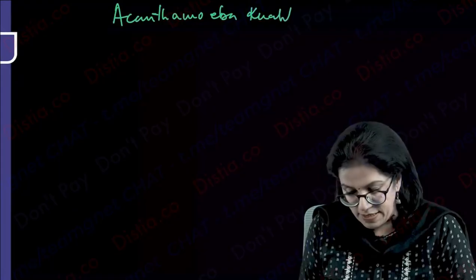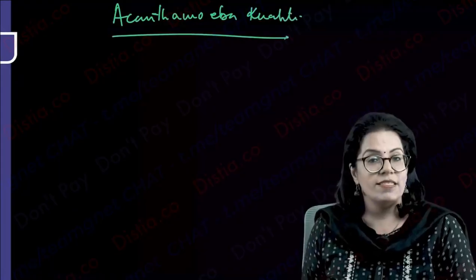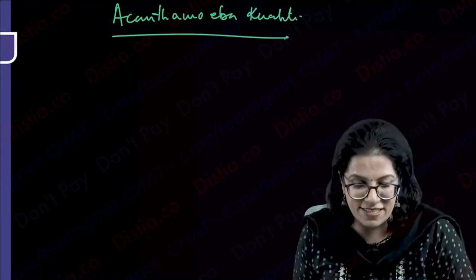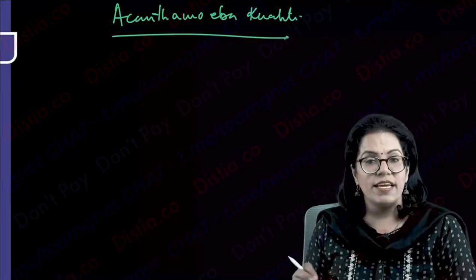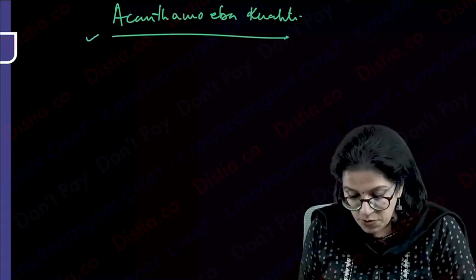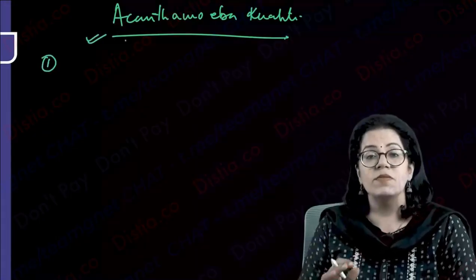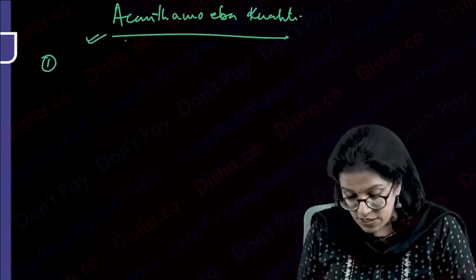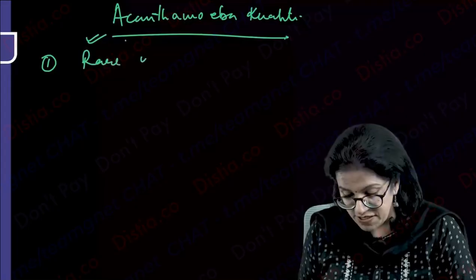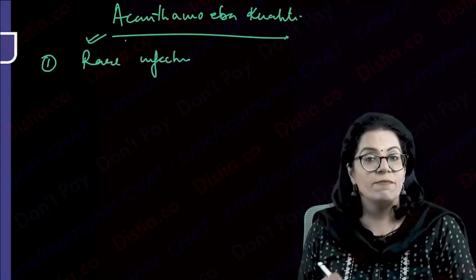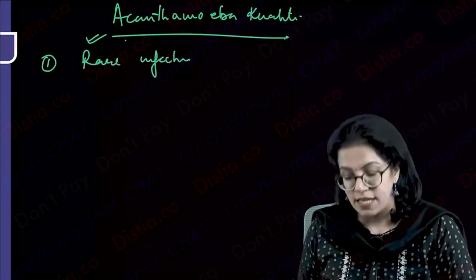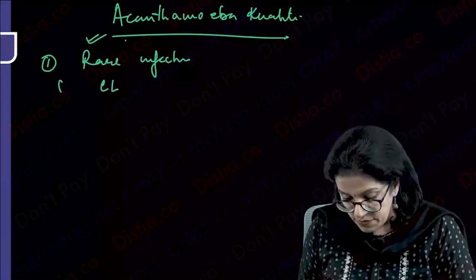So what is acanthamoeba? It's a free-living protozoa. It is ubiquitous, present everywhere, right? And it feeds on fungi and bacteria. Normally this free-living protozoa is not infecting your cornea. So this is a very rare infection, first very important point, and it only happens in contact lens users.